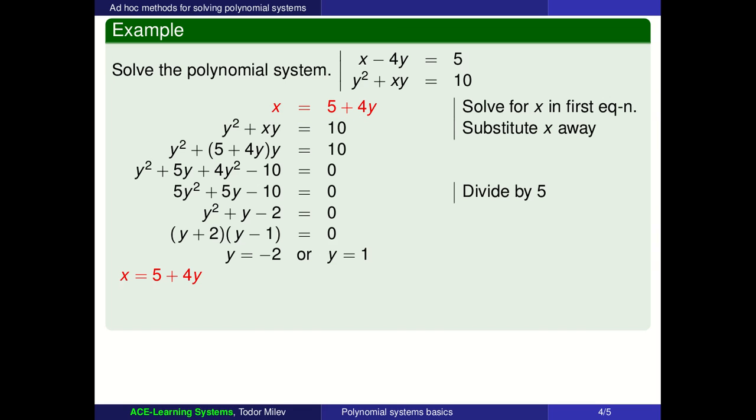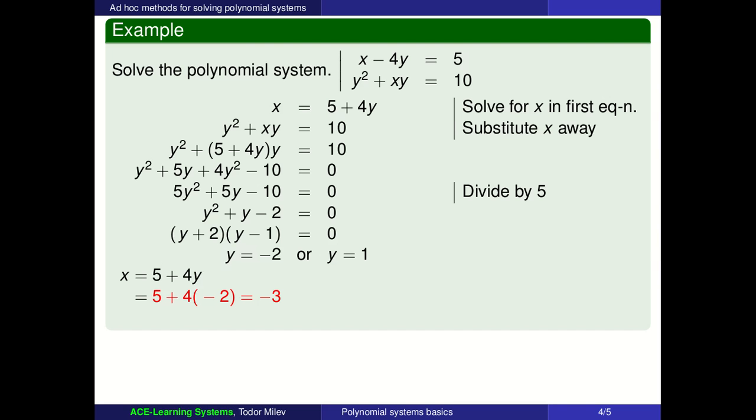So x equals 5 plus 4y, but we just found that y is equal to -2. So I can replace y with -2 to get that x equals 5 plus 4 times -2. In other words, x equals 5 minus 8, and 5 minus 8 is -3. So our final answer is x equal to -3, y equal to -2.